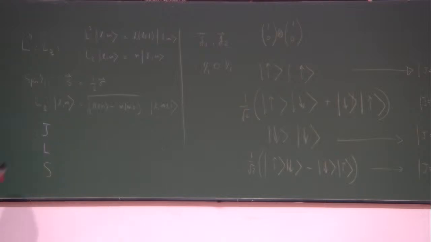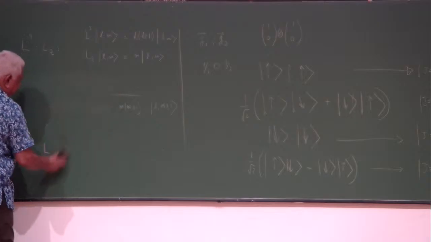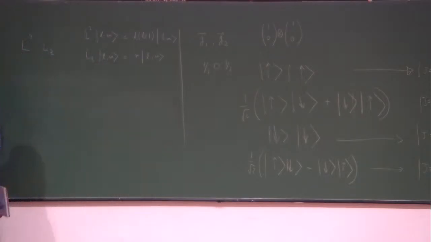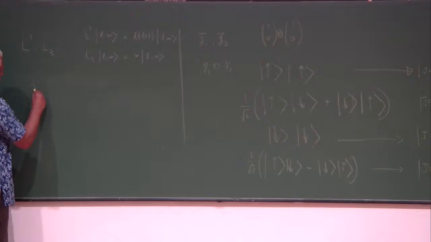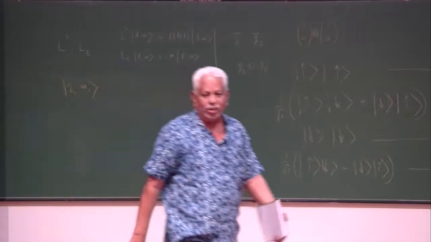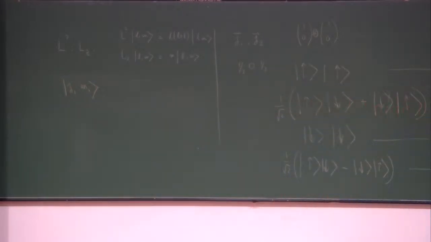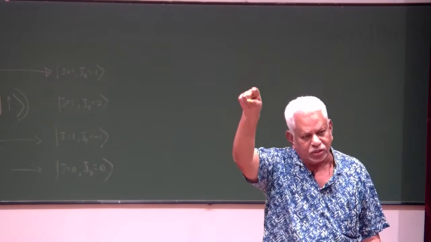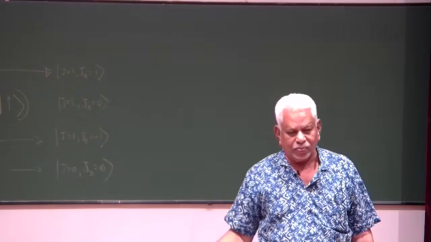I can pose this question in very general terms, what I did for spin half. I start with J1 and M1, one particle with spin J1 and angular momentum M1, and that M1 will go from minus J1 to plus J1. Maximum will be plus J1, minus J1 will be the lowest.